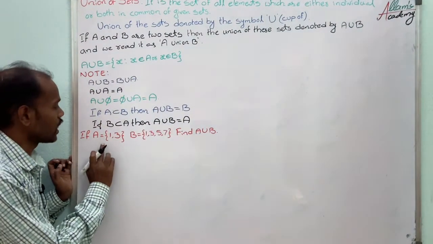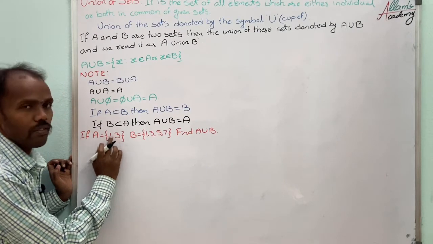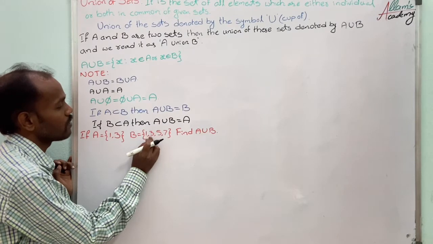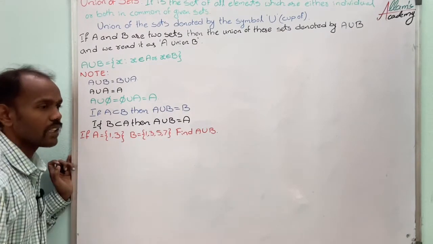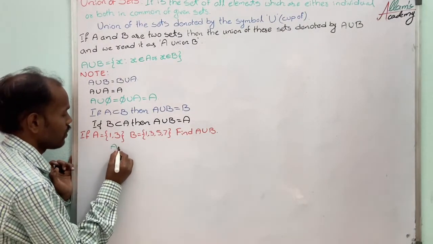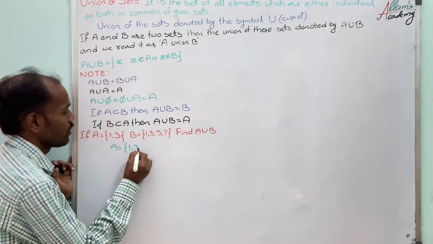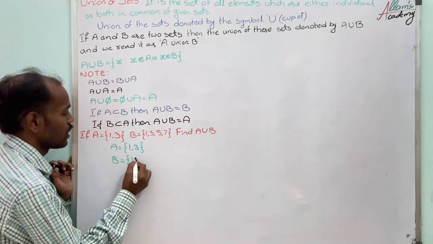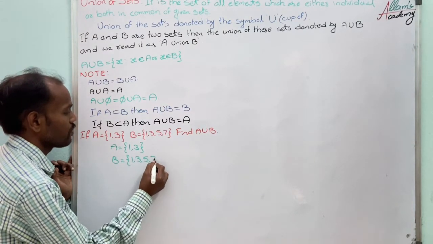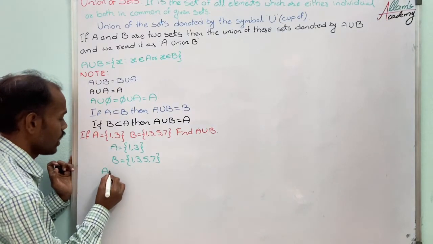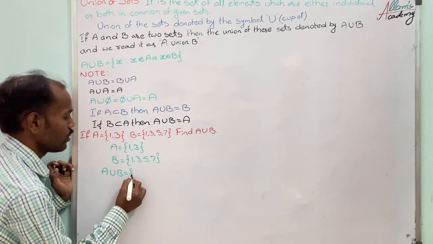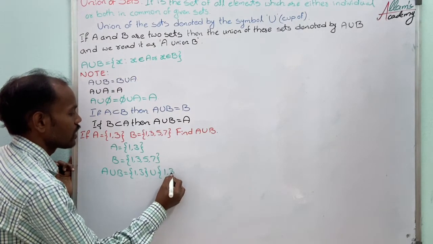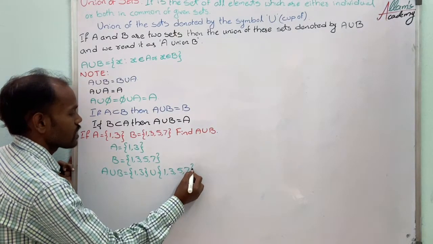Now here the set A is given with the elements 1, 3 and the set B with the elements 1, 3, 5, 7. Find A union B. Now A union B equals {1, 3} union {1, 3, 5, 7}.